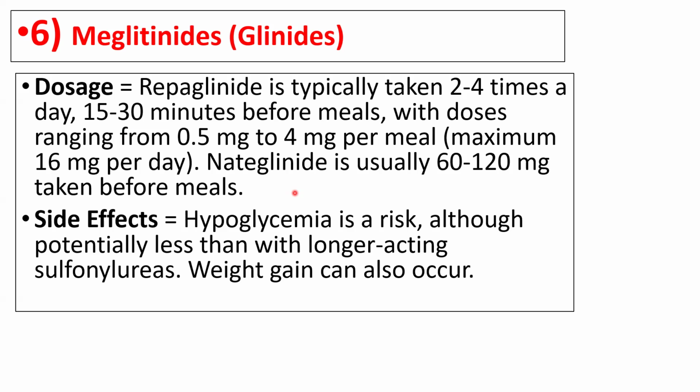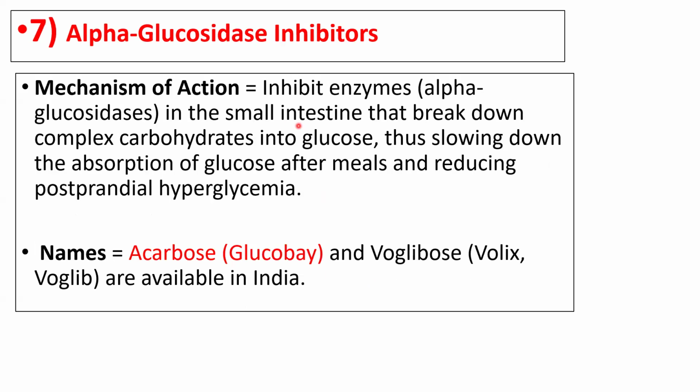One is diabetes, hypoglycemia, and second is a heart attack. So don't forget these things, very important. This is less than with longer acting sulfonylurea, but sulfonylurea always has the maximum danger of hypoglycemia. Here weight gain can also occur, so be careful with obese people.